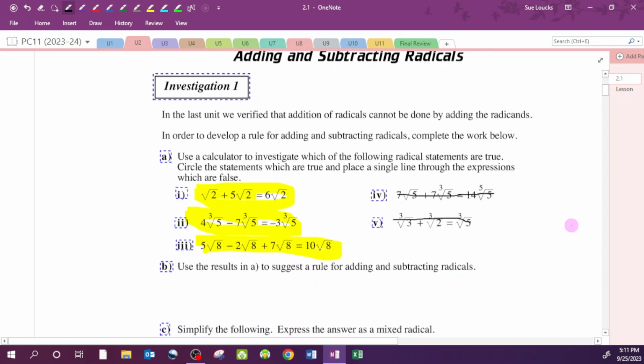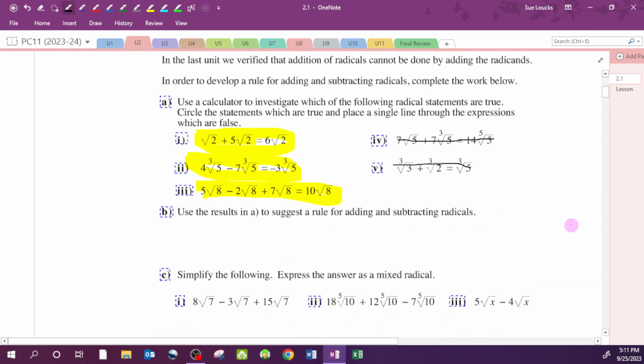Now, can you suggest a rule for adding and subtracting radicals? Pause and think about that for a minute. The rule is that you can add and subtract identical radicals.